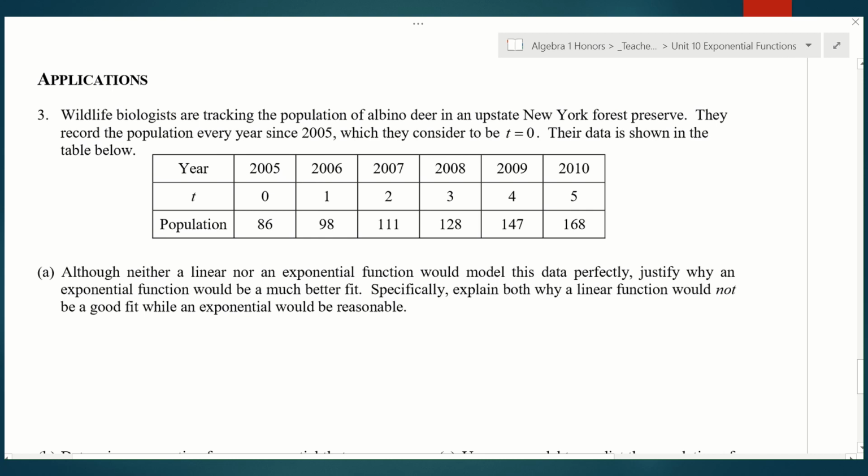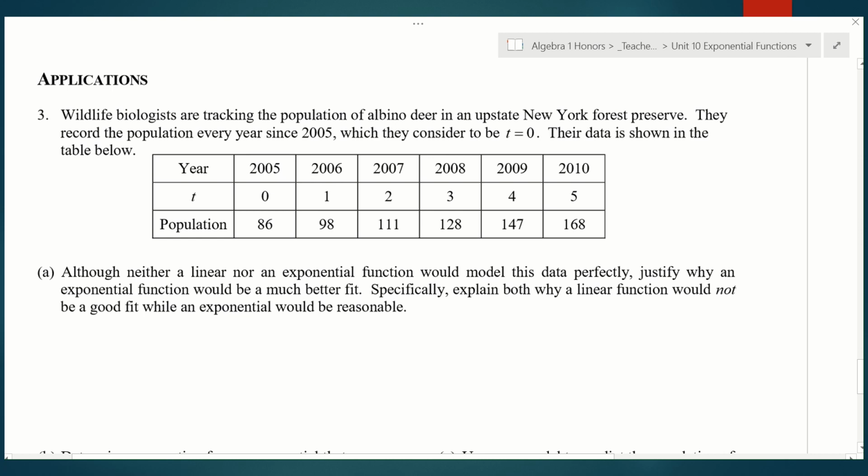Okay, so part A says, although neither a linear nor an exponential function would model this data perfectly, justify why an exponential function would be a much better fit. Specifically, explain both why a linear function would not be a good fit, while an exponential would be reasonable.